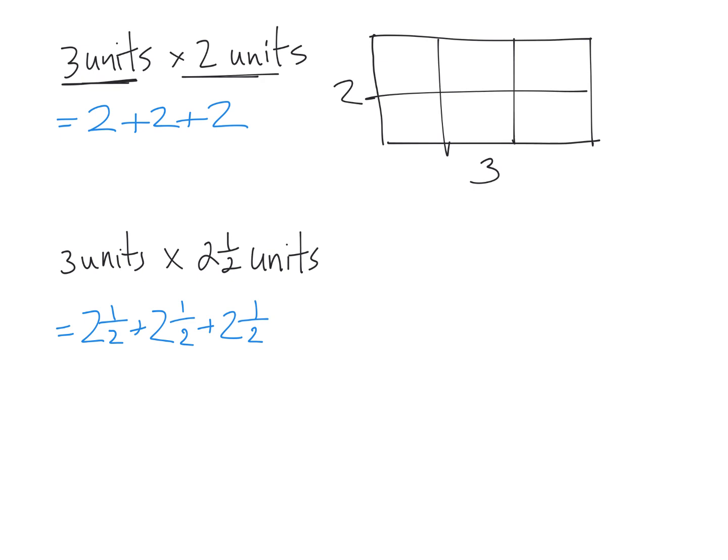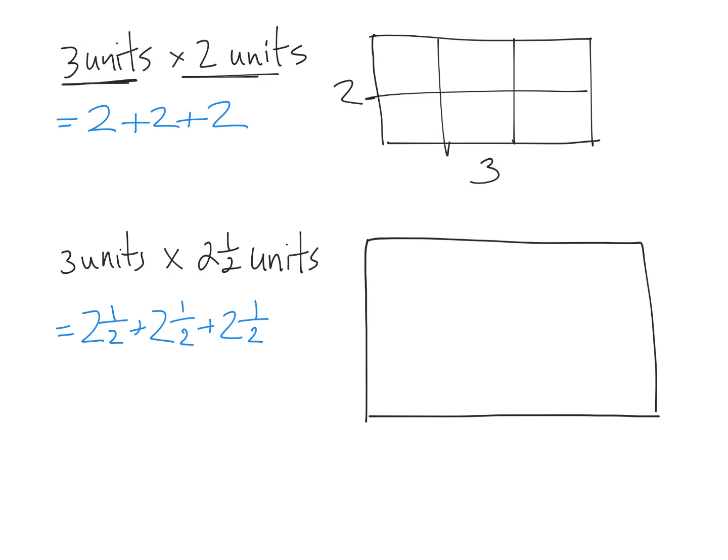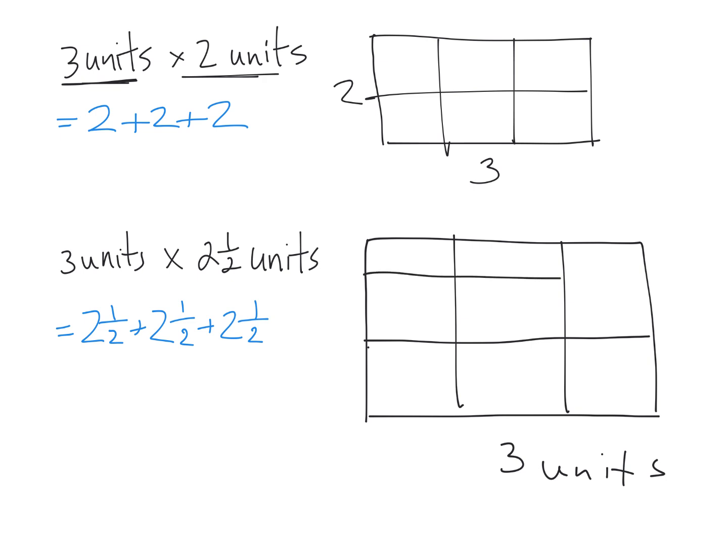Here's our 3 units, and then here's our 2.5 units. The 3 is pretty straightforward. But the 2.5 is going to be 1, 1, and here is our half. So this is 1, this is 1, and this is 1. And that helps us get our areas.